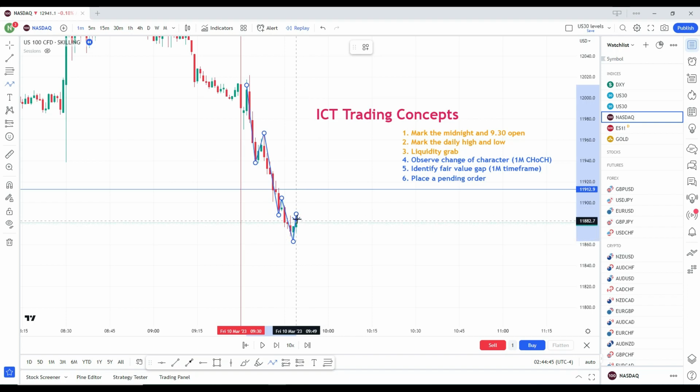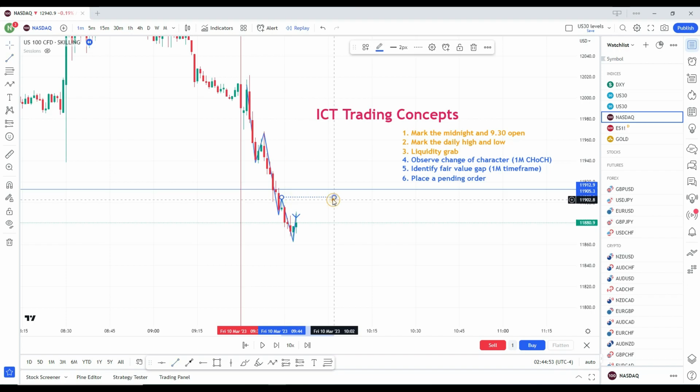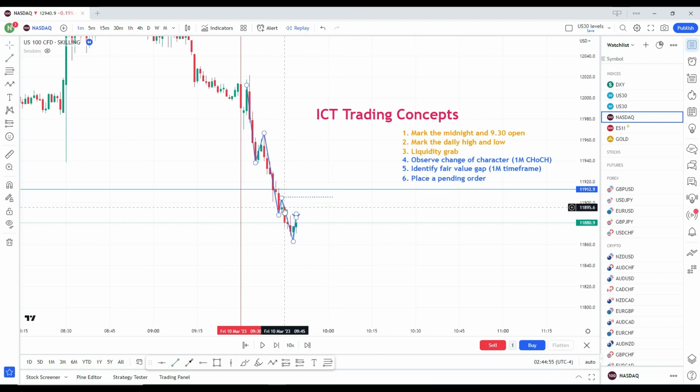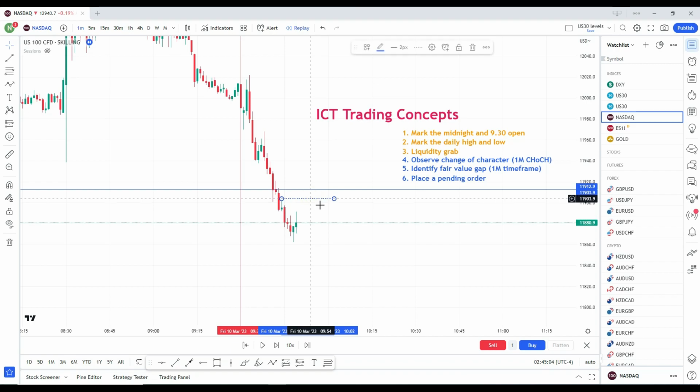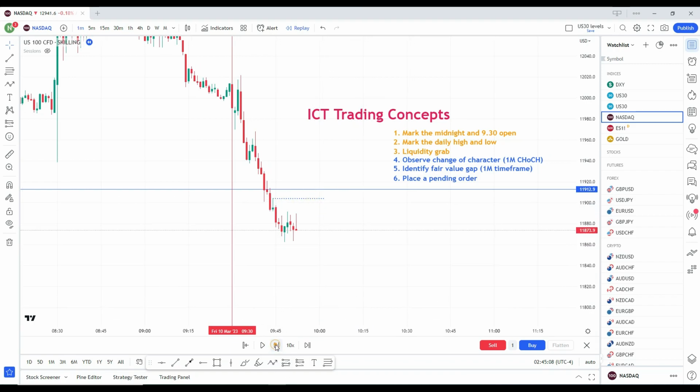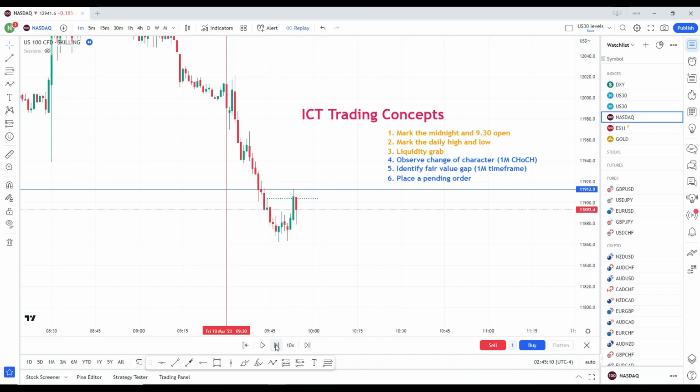We're not sure if it is going high, so we are marking this last one as our key point. We are observing this break of this level for a change of character. Indeed, there is change of character here.